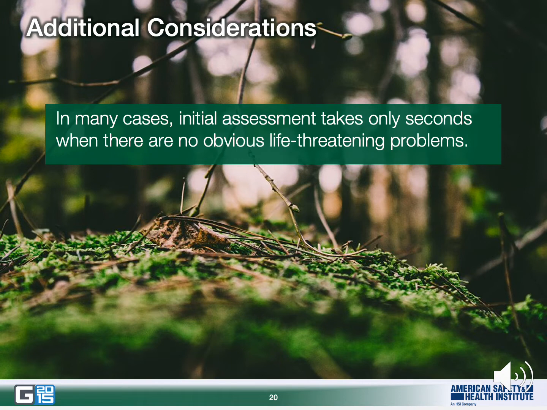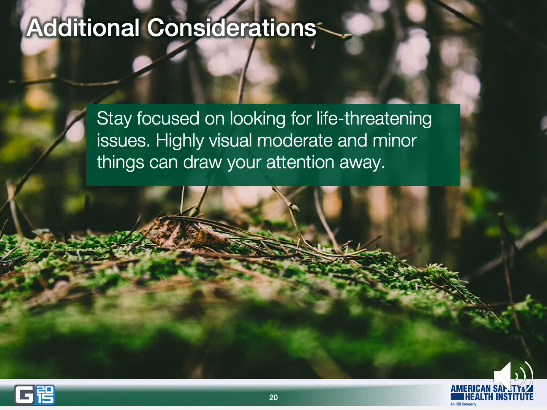In many cases, the initial assessment only takes a few seconds when there are no obvious life-threatening problems. Stay focused on looking for life-threatening issues. Highly visual, moderate, and minor things can draw your attention away, so you want to stay focused.